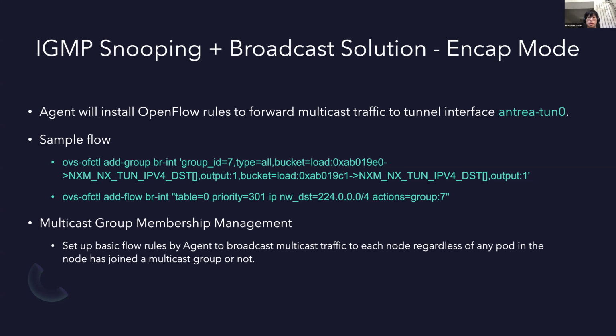Below is the sample flow for two nodes via an OVS group table. You can see here just two hex numbers prefixed with 0xAB. These are the IPs of the two nodes in hexadecimal, and the output one is the port number of the tunnel interface. That is antrea-tun0.